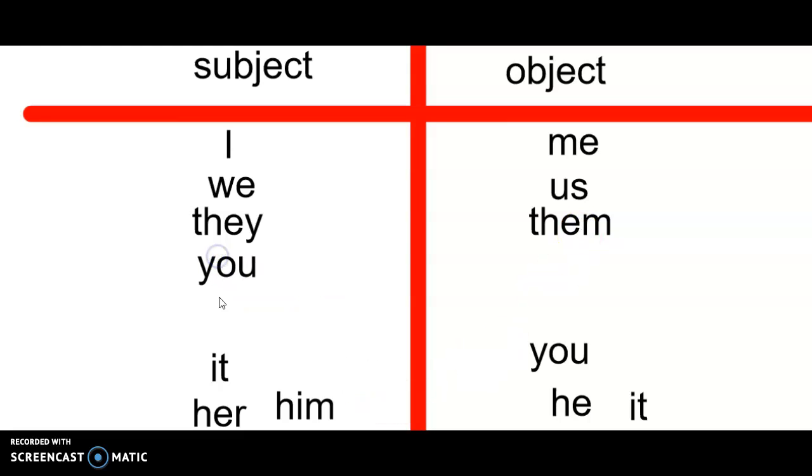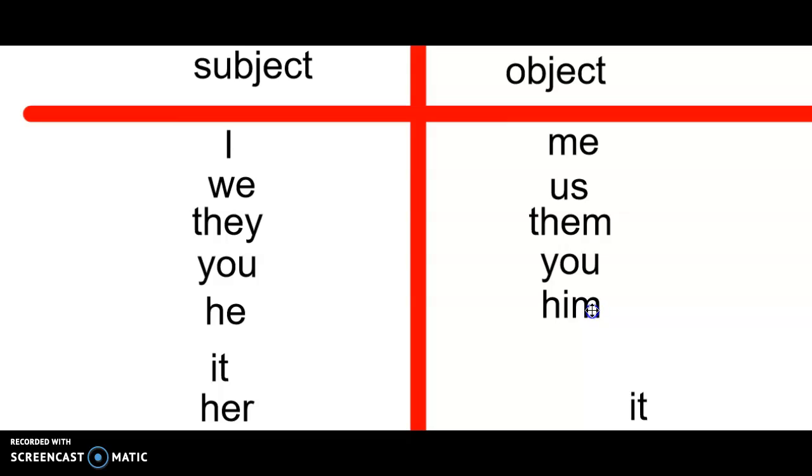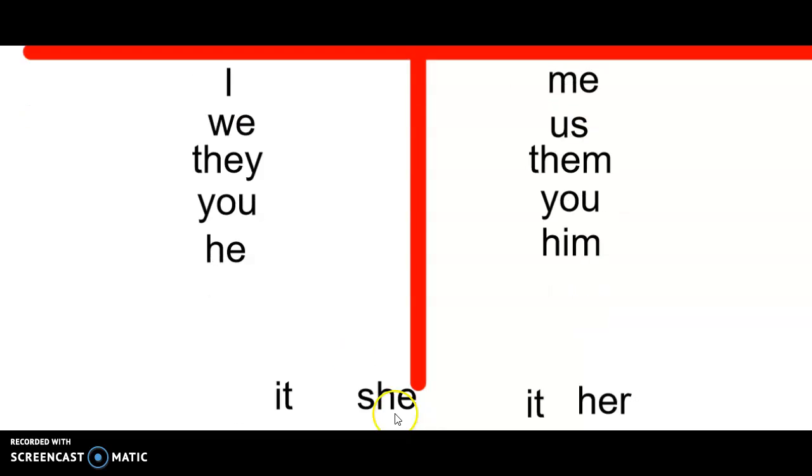You is going to be second person and subject and second person object. So remember yesterday we talked about that you is both a subject and object pronoun. He is going to be third person singular male, and him is going to be third person singular male object.